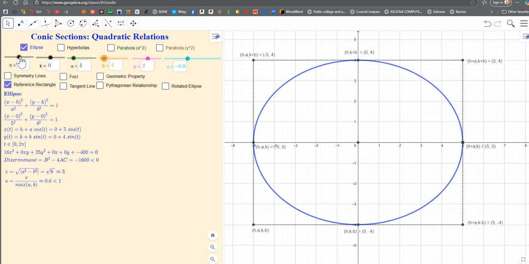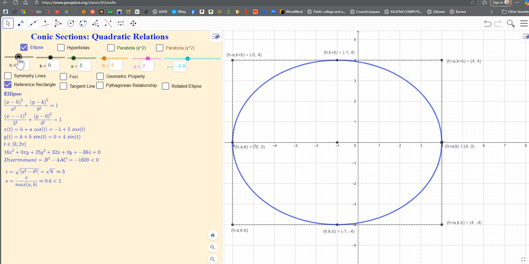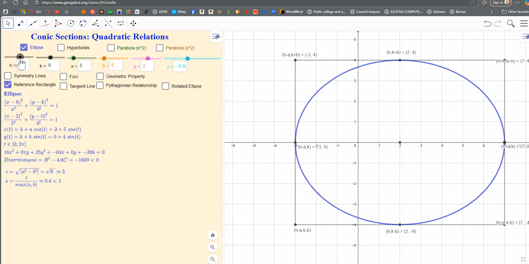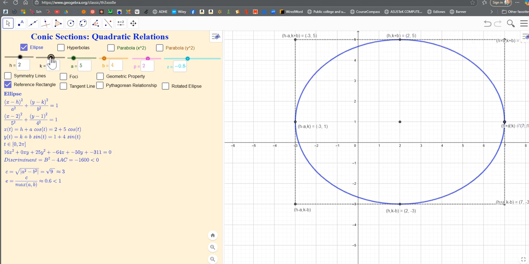Now, after doing these separate strains in the vertical and horizontal directions, we can also do a vertical and horizontal shift. So we could say, for example, if h is 2, we shift to the right 2. Let's let k be 1. We shift up 1. So notice the center is now going to be at (h, k).